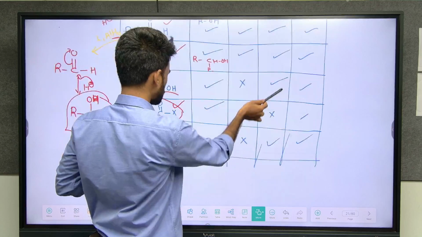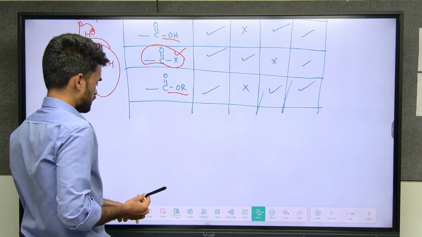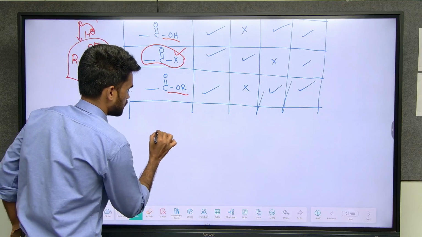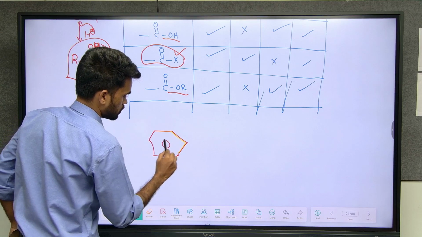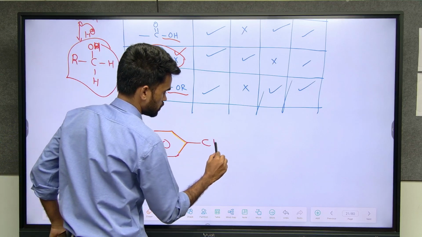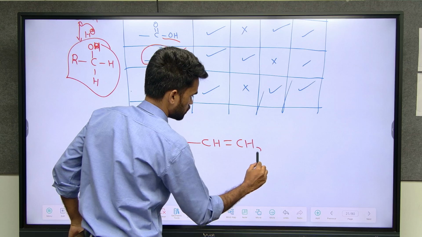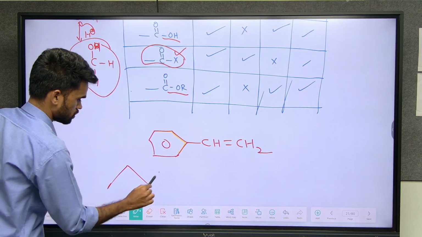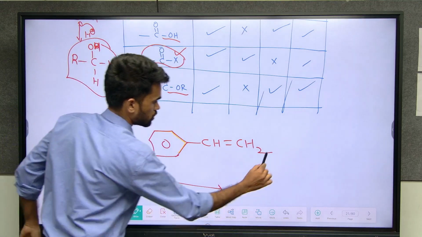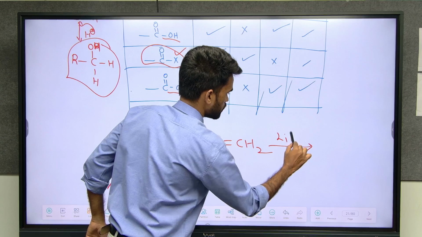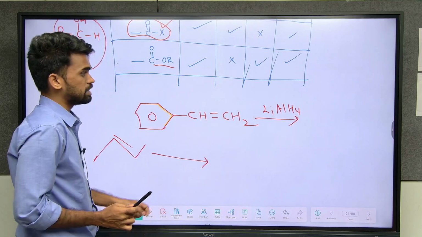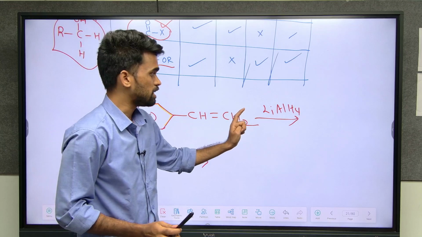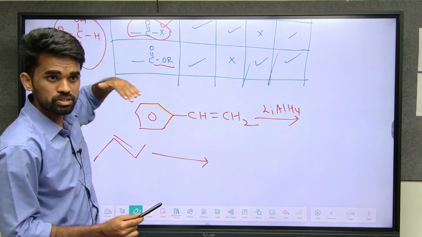So next, one more thing is there. Lithium aluminium hydride will reduce all these compounds, it's fine.